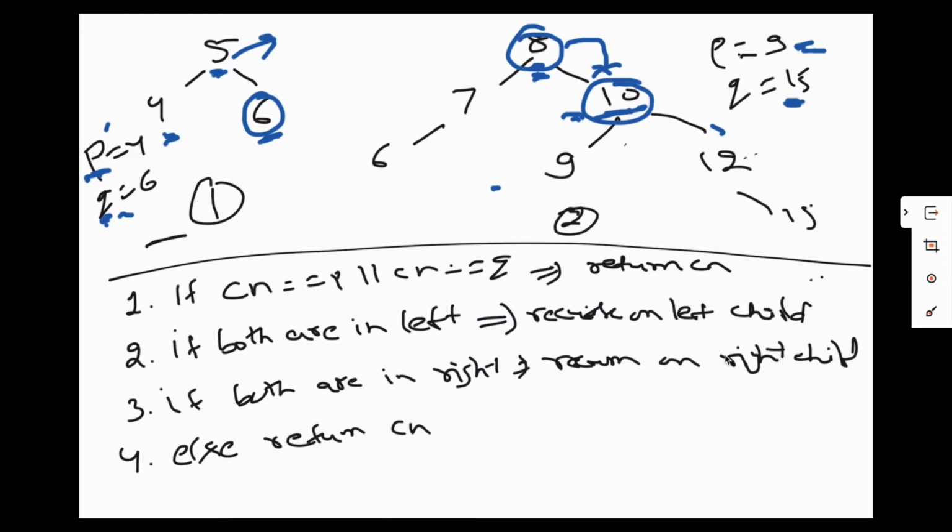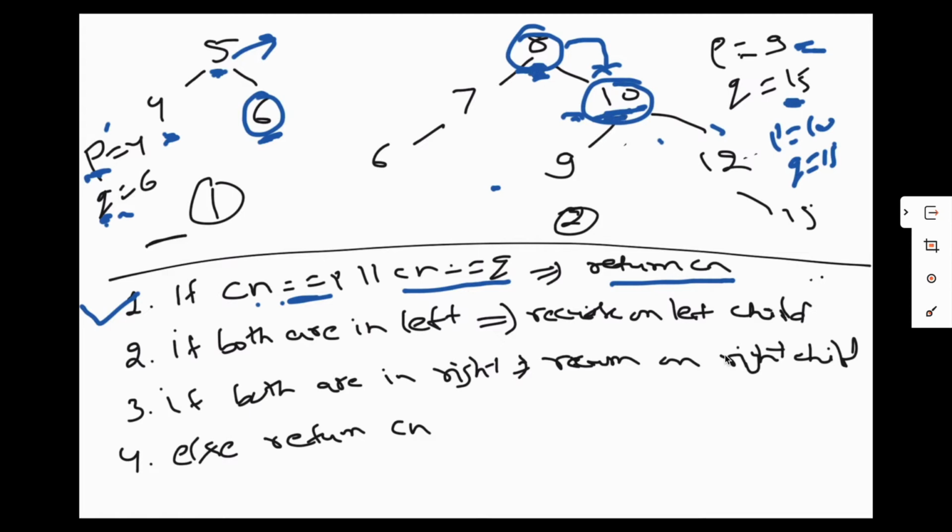At the same time, there is one more condition: if the current node equals p or equals q, then we can simply return the current node. Why? Because as part of the question, it has been told to us that a node is allowed to be a descendant of itself. For example, if I have p as 10 and q as 15, I will check where these two are with respect to 8. They are on the right.